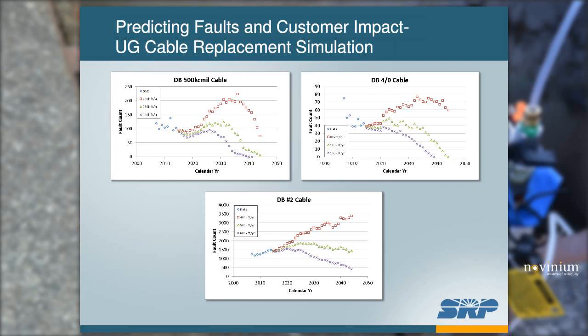The 2 points that it doesn't is, you'll see in about 2011 on our 500, we had about 145 faults. And on our 4-arc cable in 2007, we had about 75 faults on that one. When we had those points, we always go back and reevaluate the model. And we reevaluate our data to make sure that we didn't mess up somewhere along the way, that the model's still continuing to describe the behavior.